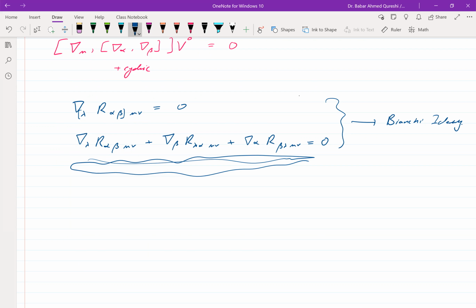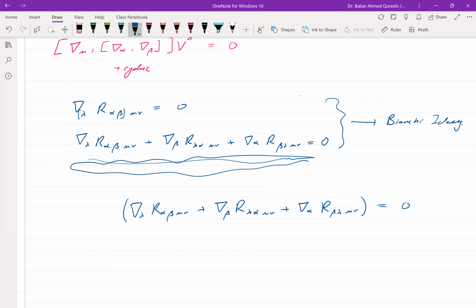And what is more important is the twice contracted Bianchi identity. So you start from here. This you know is 0. And you contract two times.